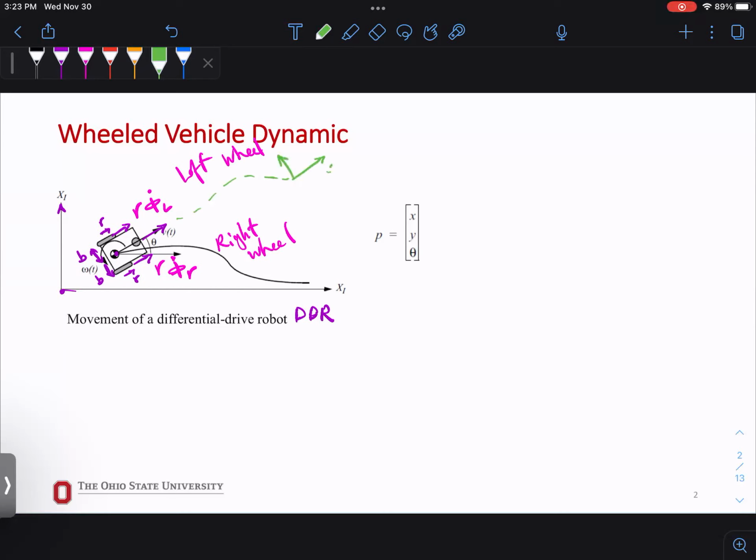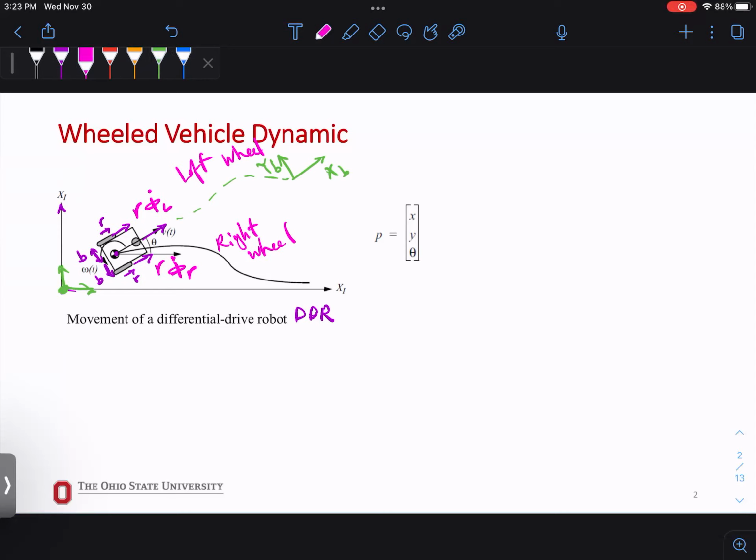the reference frame of the body frame moves. This one is Y, with the car. My fixed frame stays here, if that's where I started my fixed frame.